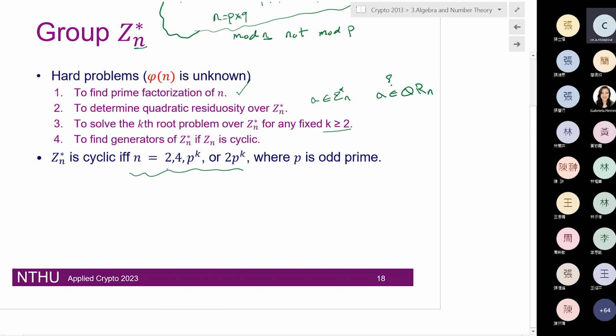As long as your N is equal to p to the power k for some integer k, where the only restriction is that p itself is a prime but you can have different k, then Z star N is cyclic and every element is a generator. That is what you should know about it.